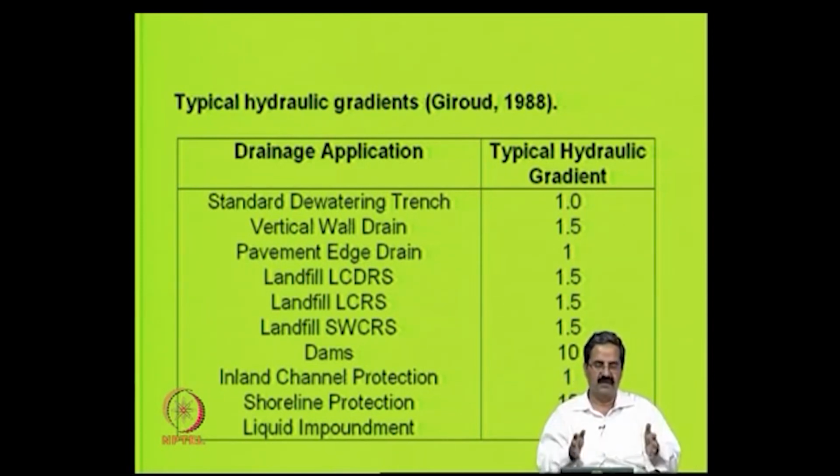If you know the structure, whether it is a pavement or a dam, you will be able to know where the chances of piping are, and whether the hydraulic gradient is low or high. Otherwise, it could be very difficult to rely on the soil retention criteria and permeability criteria alone.